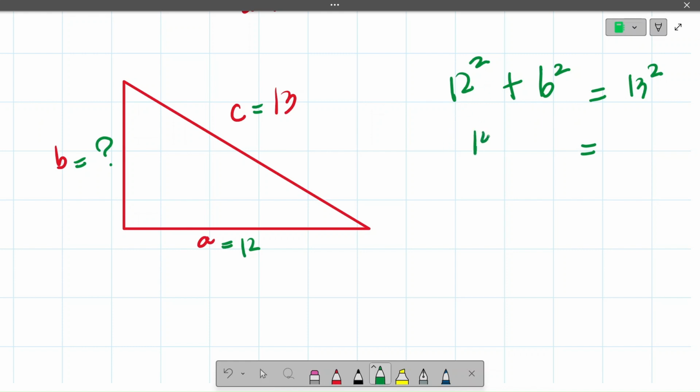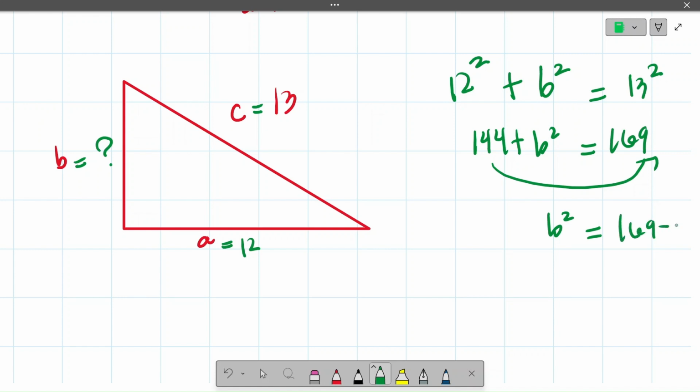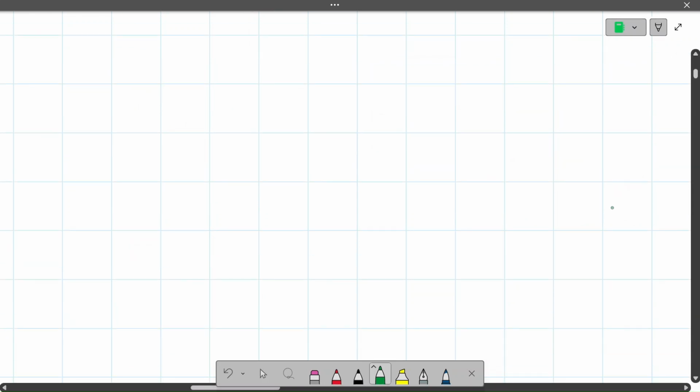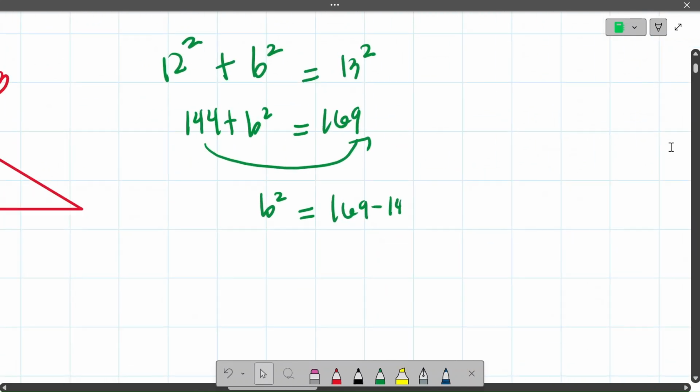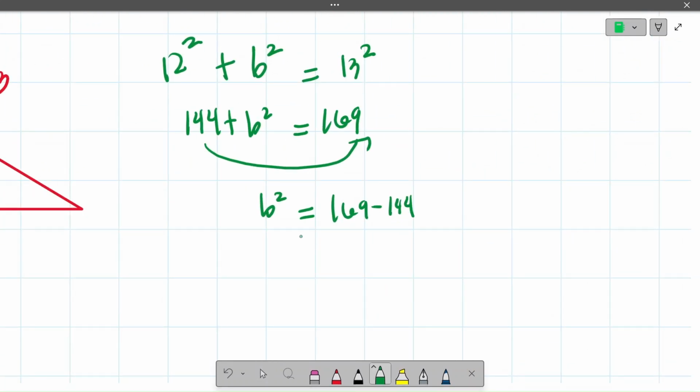12 times 12 is 144 plus b squared equals, what is 13 squared? 13 squared is 169. And we transpose it to the other side so that only b squared remains. 169 minus 144 gets us b squared is 25.